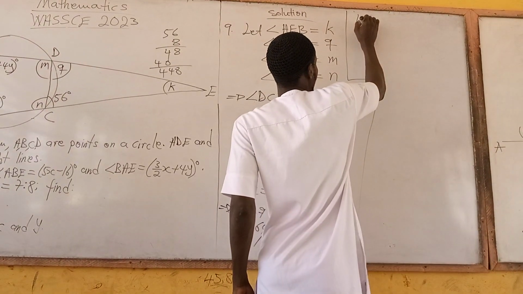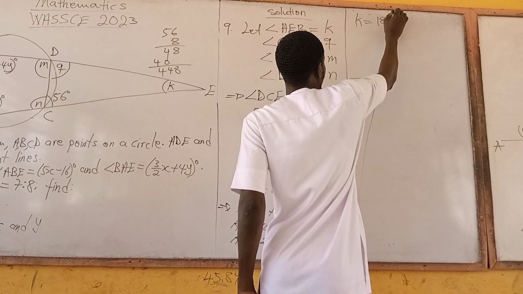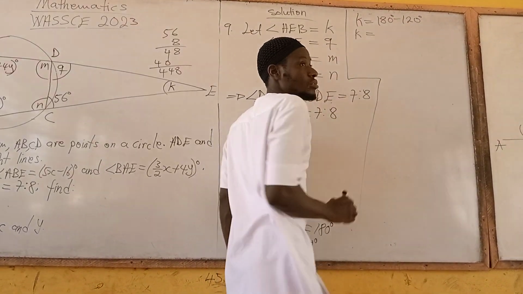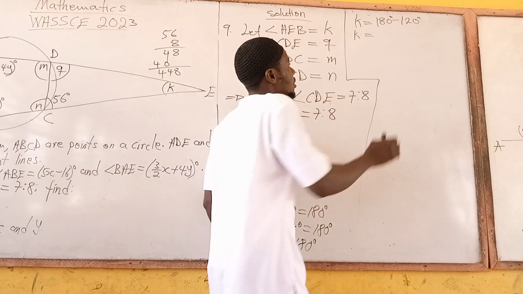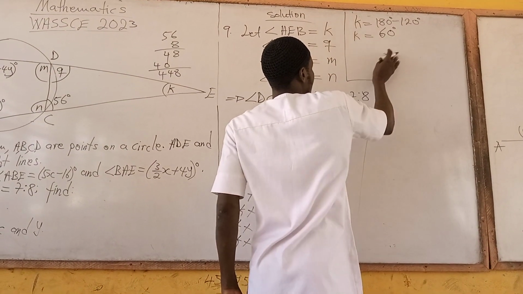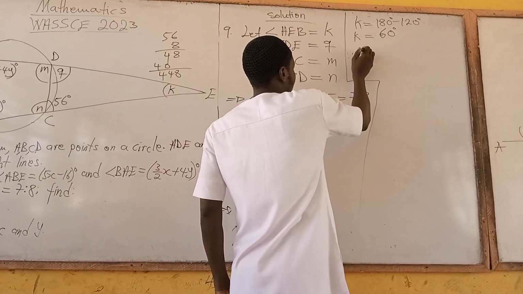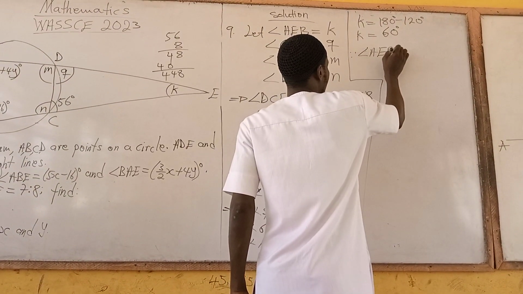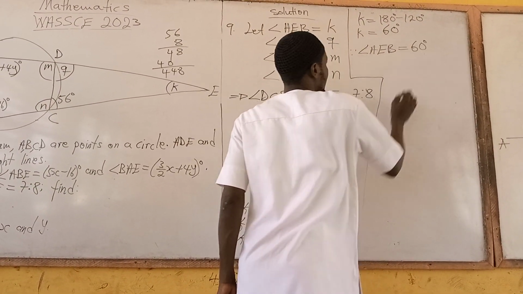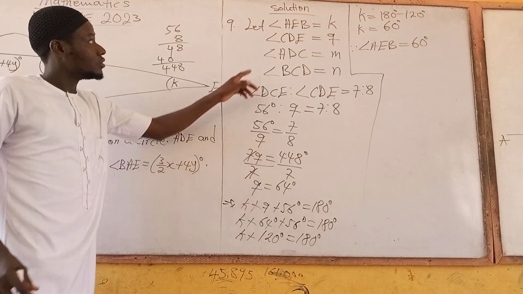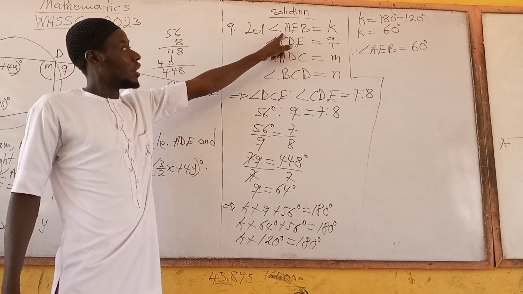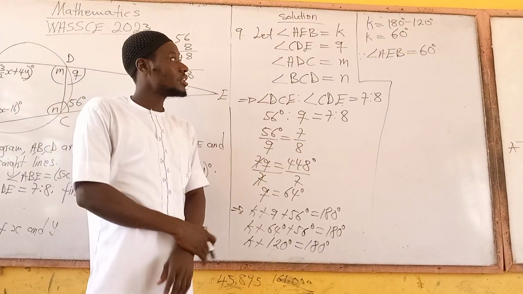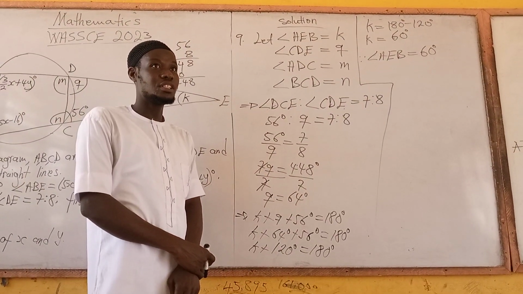P is equal to 180 degrees minus 120 degrees, which gives 60 degrees. Therefore, angle AEB is equal to 60 degrees, because from the beginning we said let angle AEB be P.